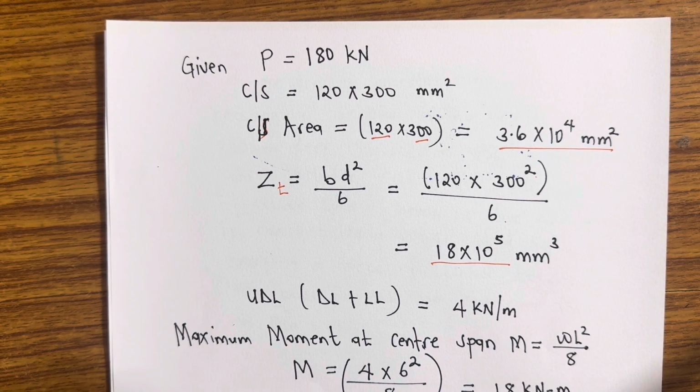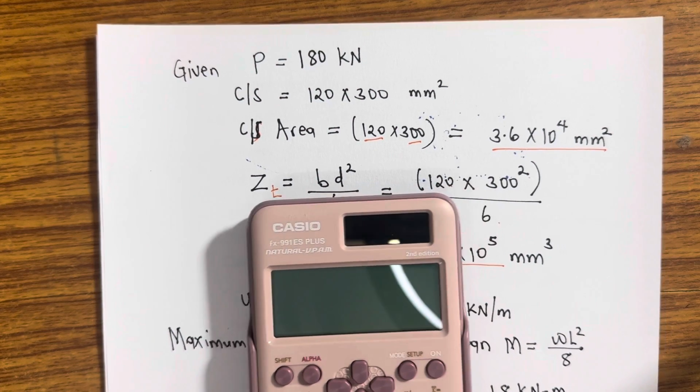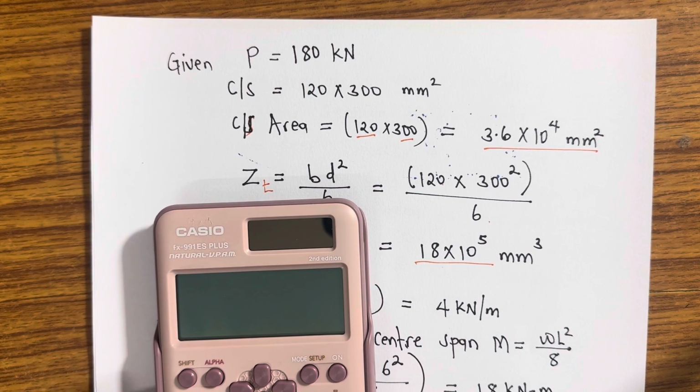Please do confirm this with your calculator so that you know the answer is correct. Allow me to show you how I got that. It's quite simple. This is 120 times 300 squared, and we are dividing by 6.